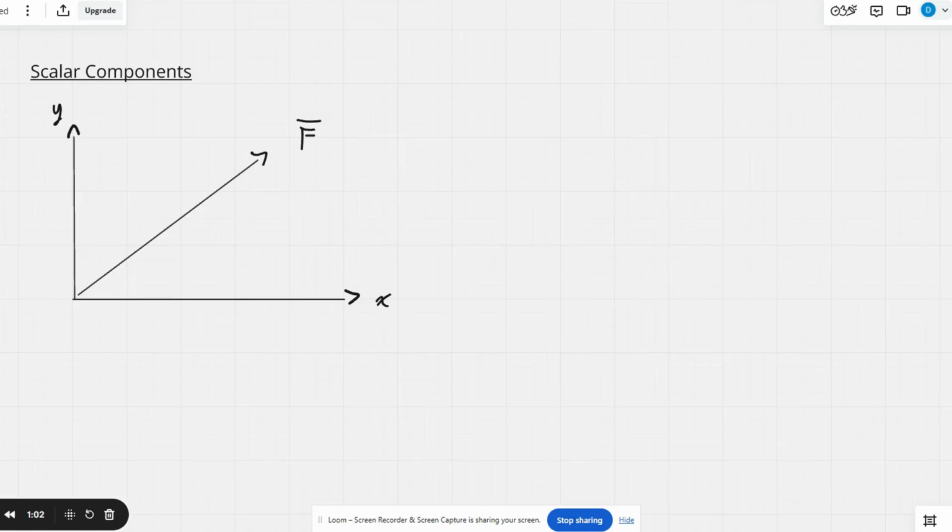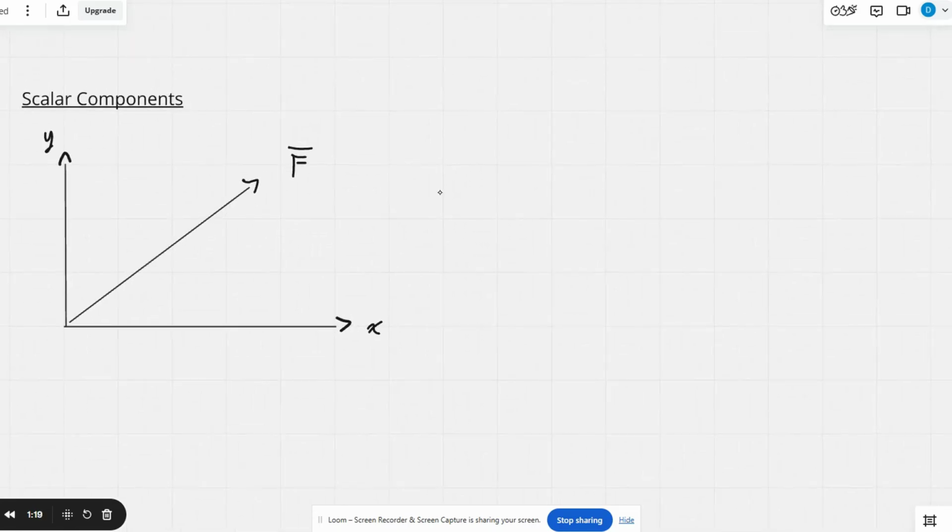So the idea here is that this vector is going to be denoted as some version of i and some version of j. So for an example, let's say this was 2 down here, this was 3 up here. This would be 2i plus 3j.